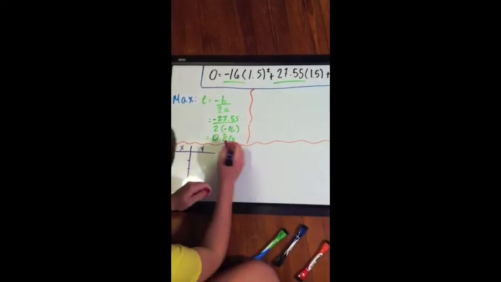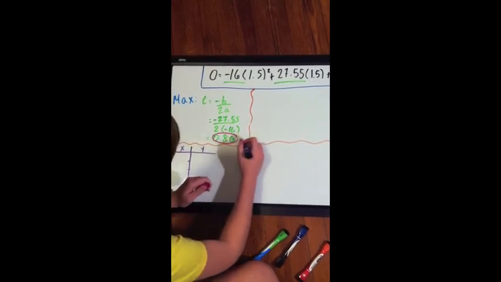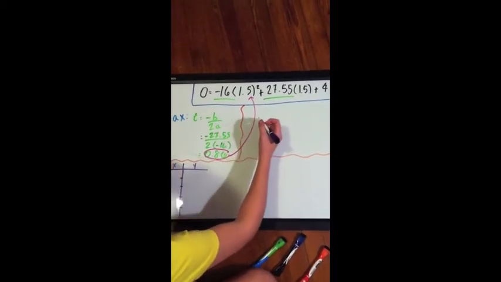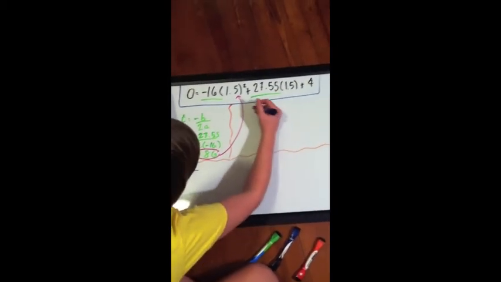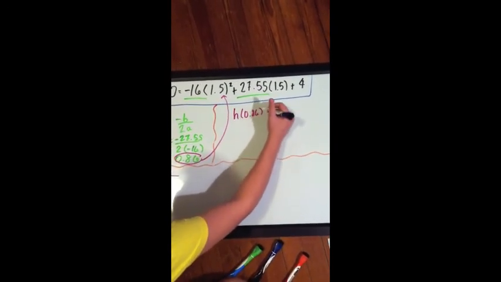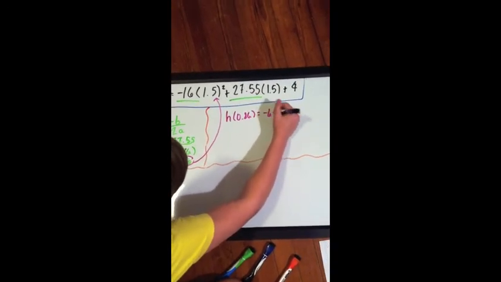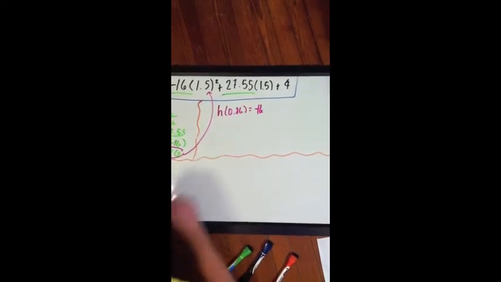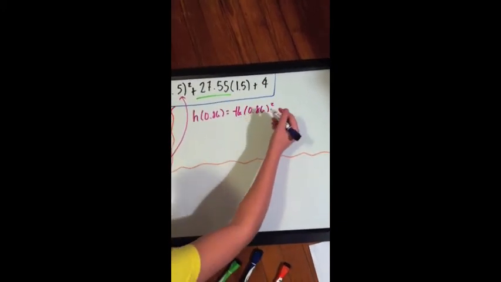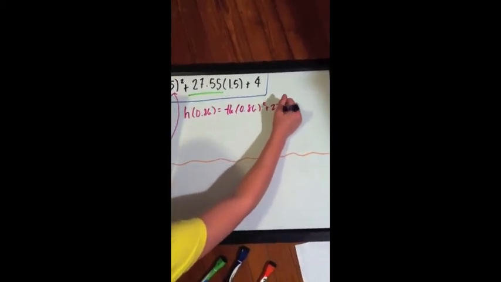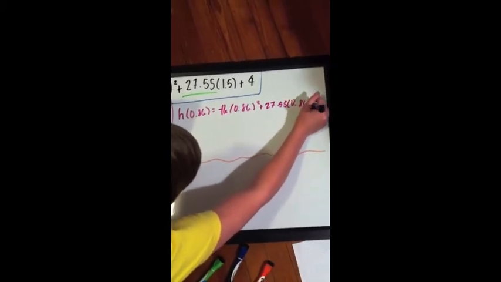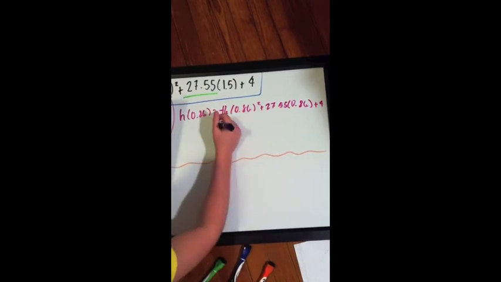So now you have to plug this number in to find the maximum height. So have h of 0.86 equals negative 16 times 0.86 squared plus 27.55 times 0.86 plus 4.